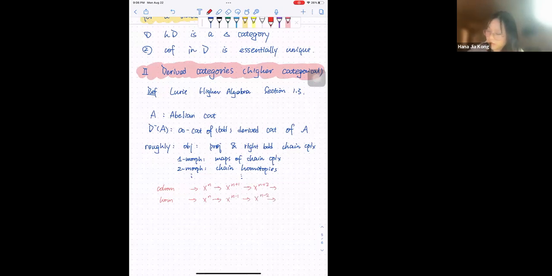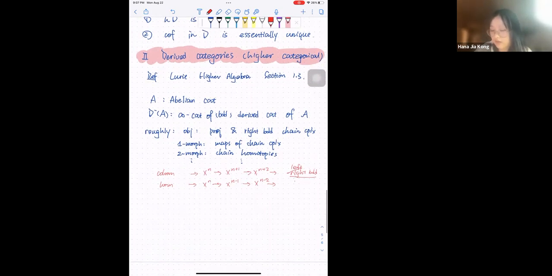So when you say bounded from the right in the cohomological setting, everything vanishes in very small degrees. And in the homological setting, everything vanishes in very large degrees. If you add the negative sign to translate between cohomological and homological, you see that there's no ambiguity when you say right bounded. But there will be some ambiguity if you say bounded from above or from below.